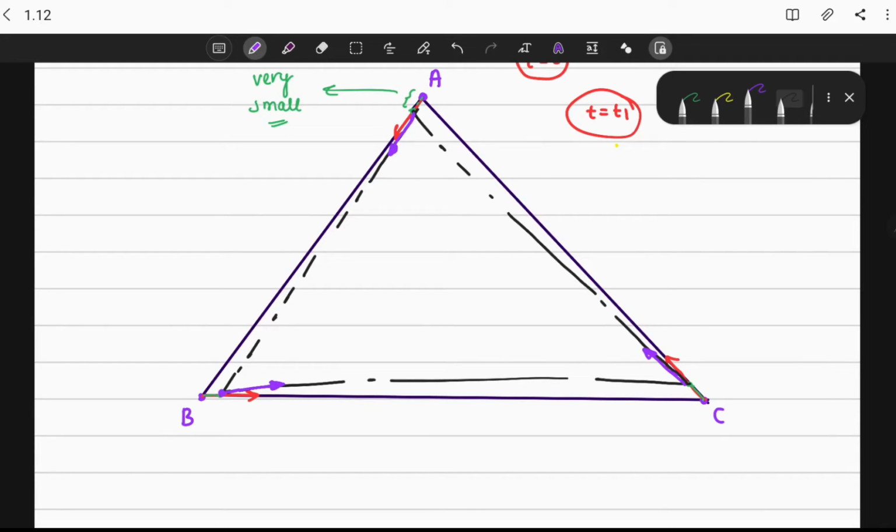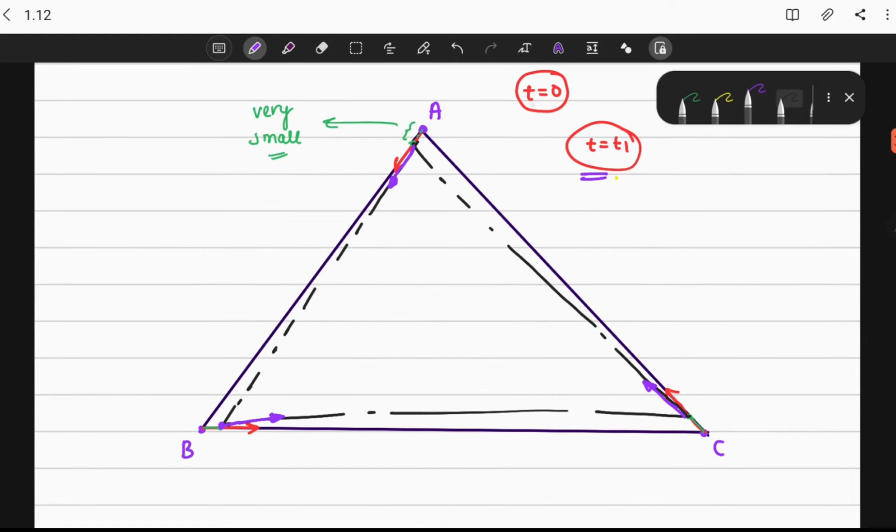This is the case at t equal to t1, where t1 is a very small time duration. Now let us see what happens at time t equal to t2.